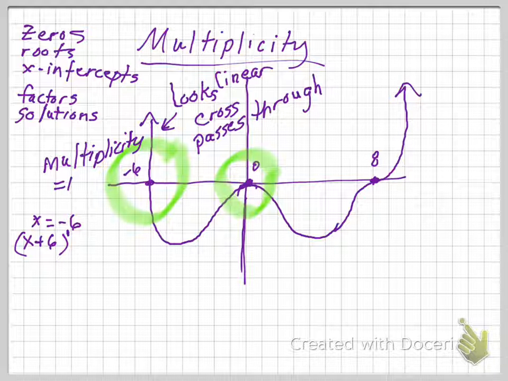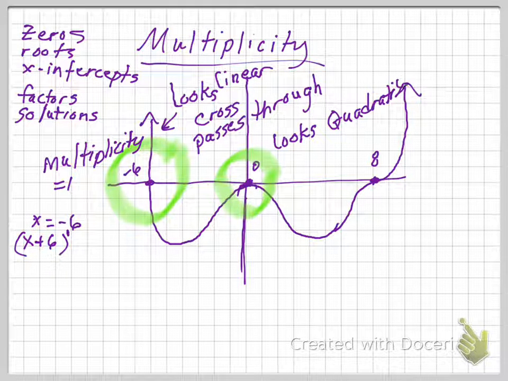So it looks quadratic. I usually say it reverses. On that paper I gave you, they called it bounce. It's a bounce, or it bounces.